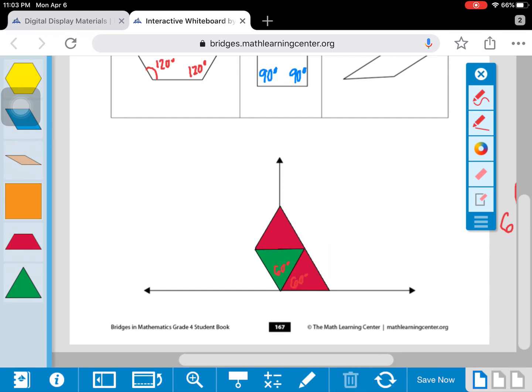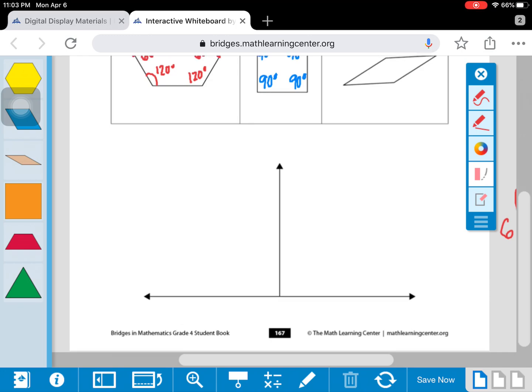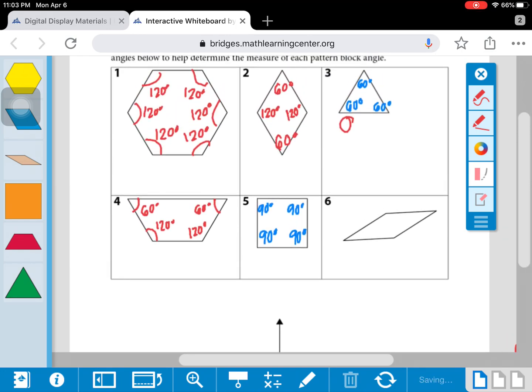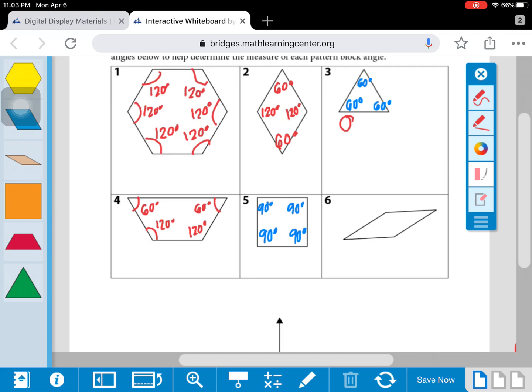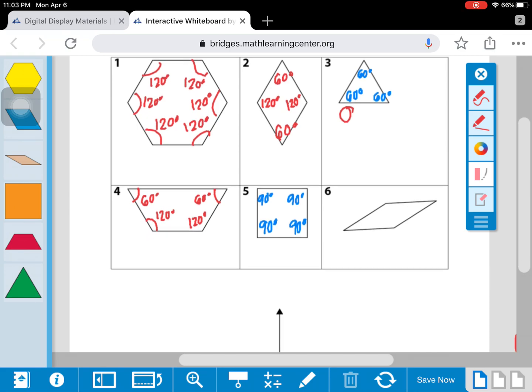All right. So our last friend that we have left to measure, which I think is the hardest shape to measure in this entire page, is this little teeny tiny small rhombus, number 6, okay?